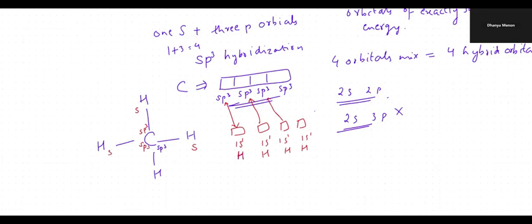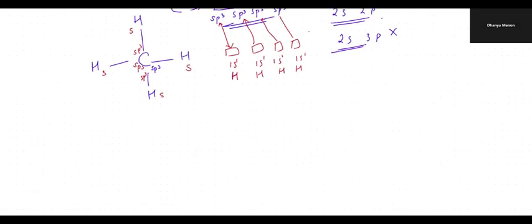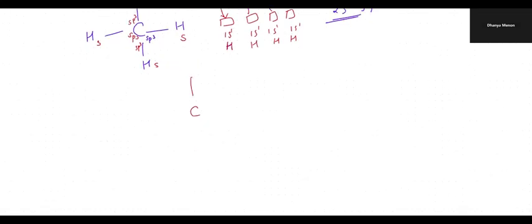Another bond is formed, and the 4th bond is formed between s orbital of hydrogen with sp3 hybrid orbital of carbon. Okay, and we get a structure like this. This is the structure of methane.